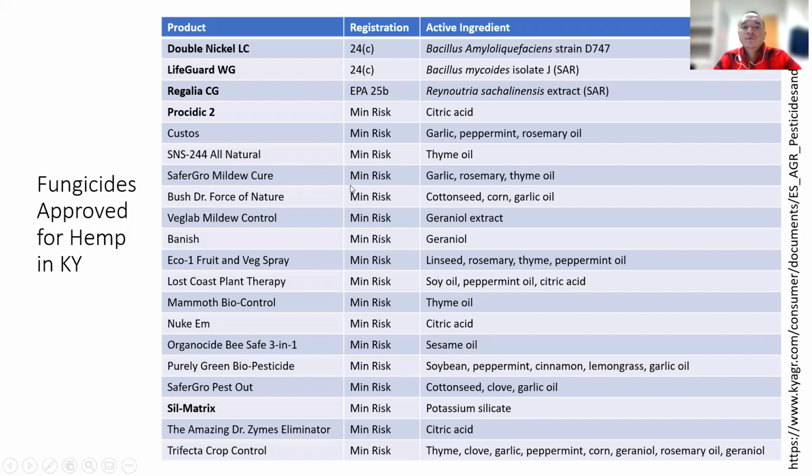And these are some of the fungicides that have been approved for use on hemp in Kentucky. Again, I recommend you to check with your local agricultural agency to make sure that you have updated lists. And as you can see, a lot of them, if not all of them, have active ingredients that are either biological control agents or botanical compounds.